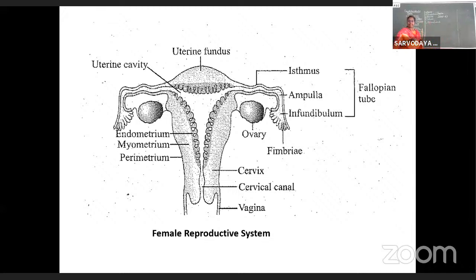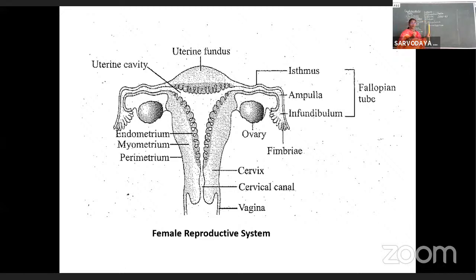Now, when you look at the diagram, what does the shape remind you of? We observe that the uterus looks like an inverted pear shape. Now, what is a pear? Please remember, it's a fruit.